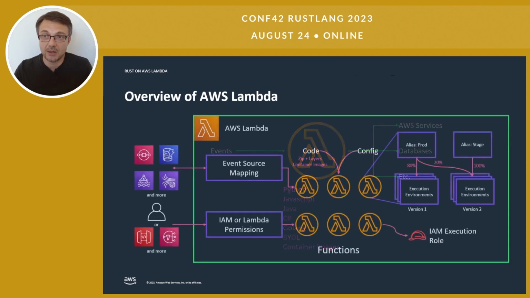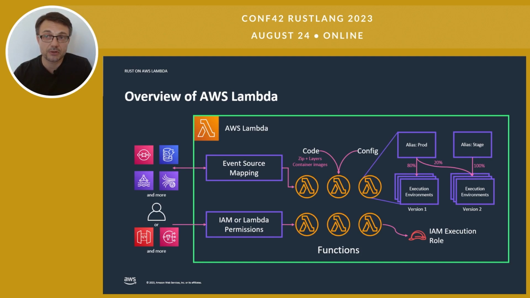But if we look at the bigger picture, you have your code, then probably you will need to provide some configuration options, referring maybe to some external resources or some configuration parameters.